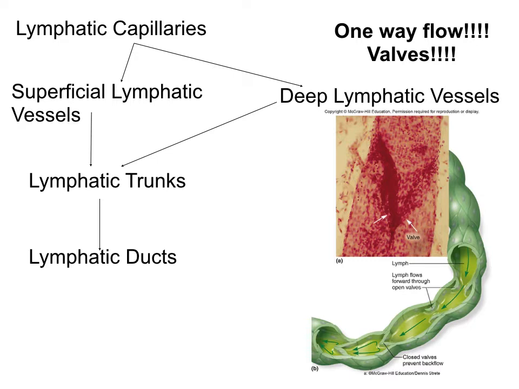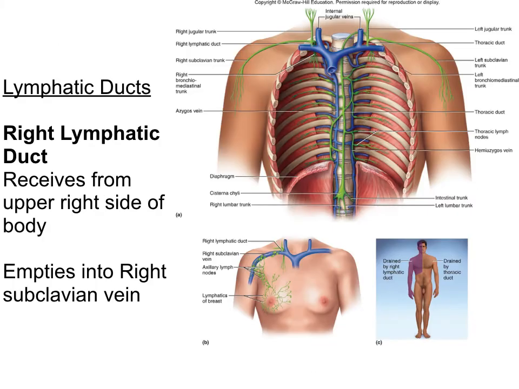And there are two major lymphatic ducts in the body. The first one I want to mention is your right lymphatic duct. The right lymphatic duct empties its lymph directly into the right subclavian vein. The right lymphatic duct receives lymph from the right upper limb, the right side of the thoracic cavity, and the right side of the head and neck.